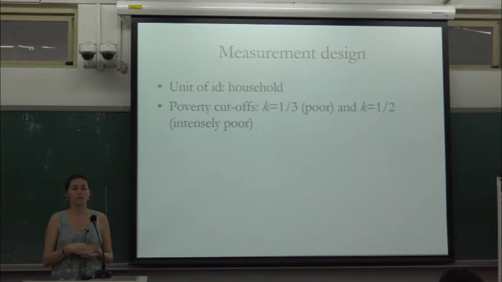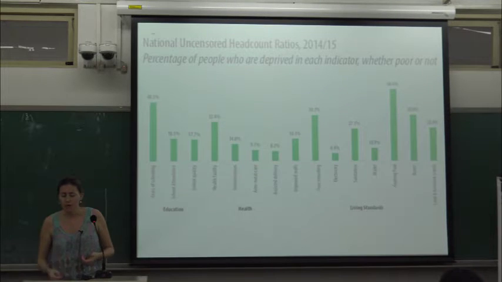So the one that has been used for the national MPI is the one that actually allows the country to get down to the district level, to get even more precise information and be able to capture regional disparities within the country very well.